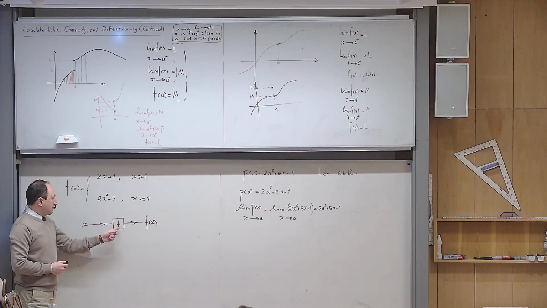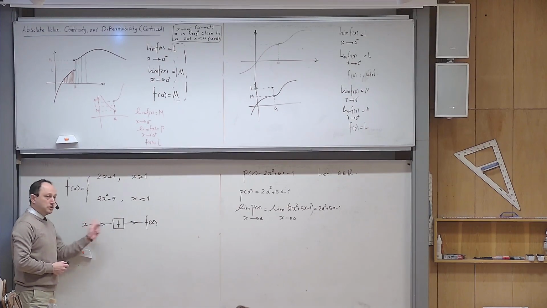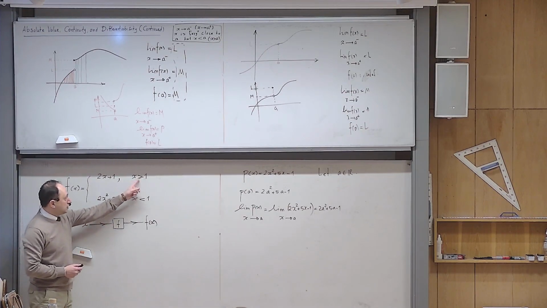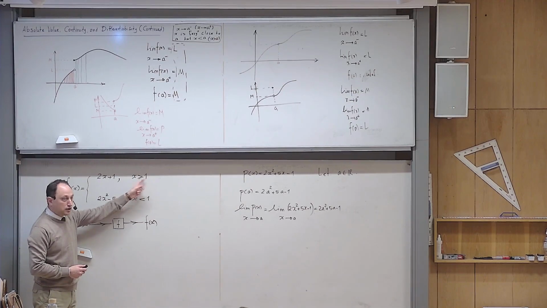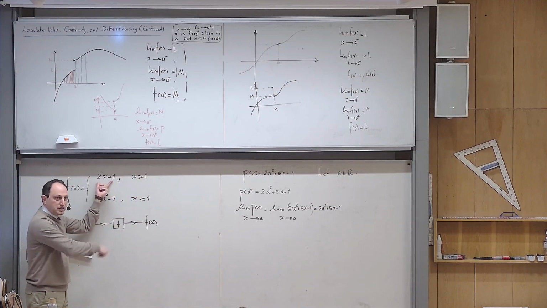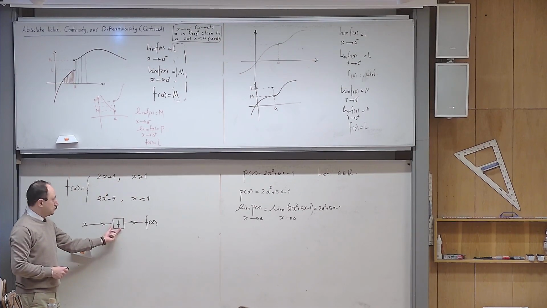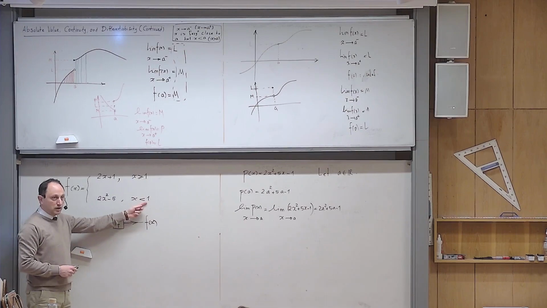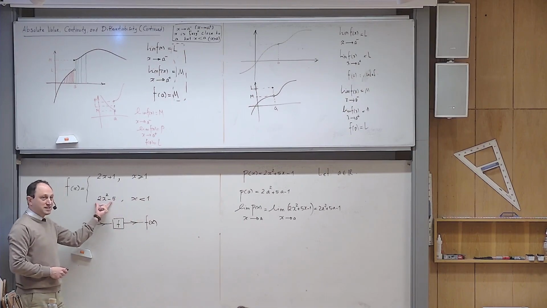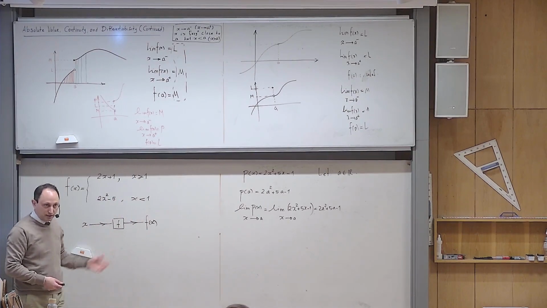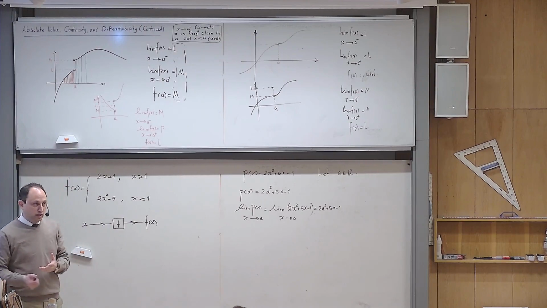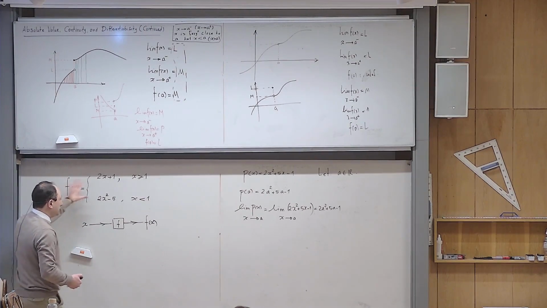First, the function realizes what type of input you put in. If the number that you put in is 1 or greater than 1, the function uses this rule to process that input. But if the value that you put into this machine is less than 1, the function uses the second rule to process that data. Yes? It gives you different answers. So be careful, that's the only thing that you need to remember.